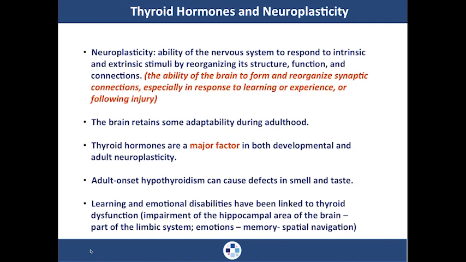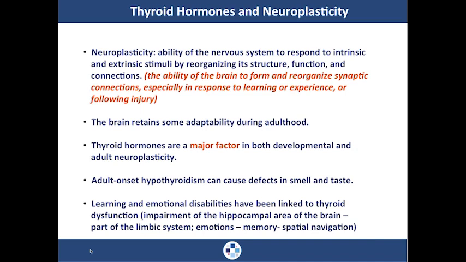If thyroid hormones are deficient, it's going to lead to learning disabilities and potentially emotional disabilities, as you can read on the bottom, because both of those have been linked to thyroid dysfunction. Now, the impairment happens in an area of the brain called the hippocampal area, part of the limbic system where our emotions are, memory, and also spatial navigation.